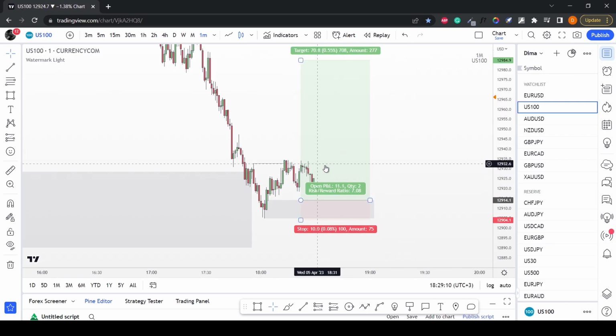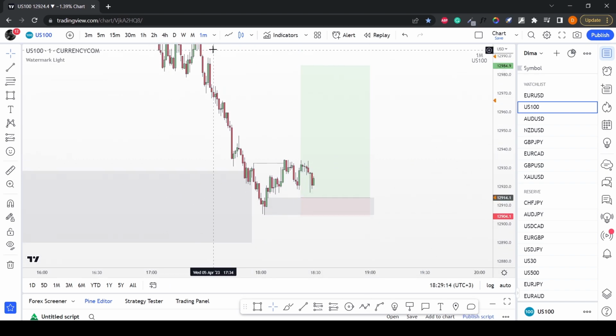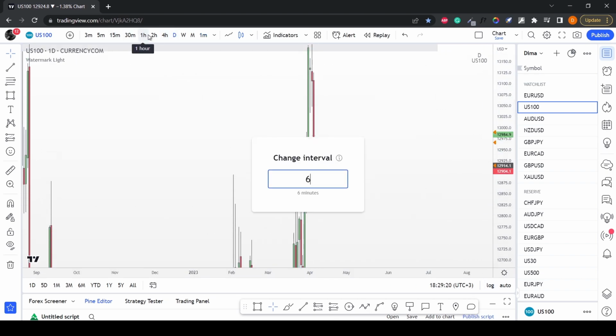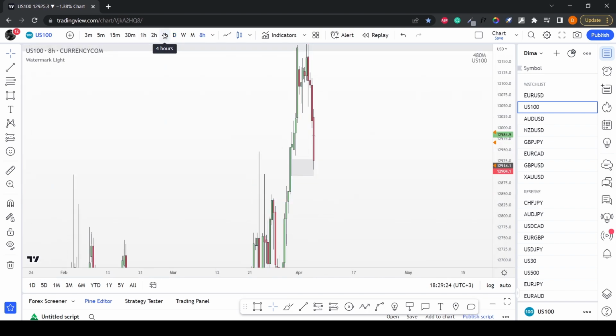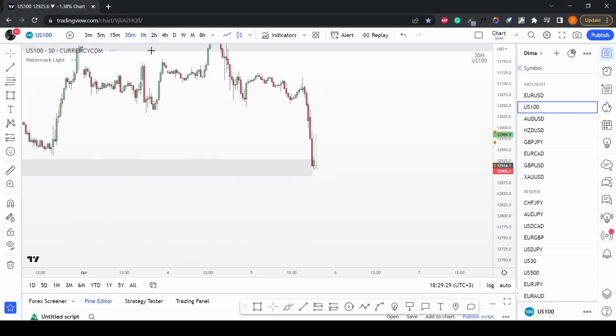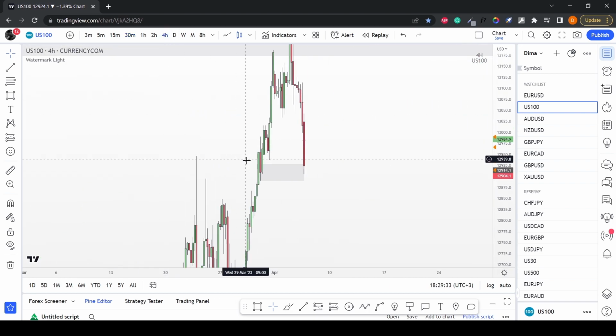Okay, looking at this US 100, so this is a refinement zone from higher time frame, so daily bullish range, and it's a zone from 6 hours, or maybe even from 8. Oh, I see. Yeah, so it's just this refinement from daily.